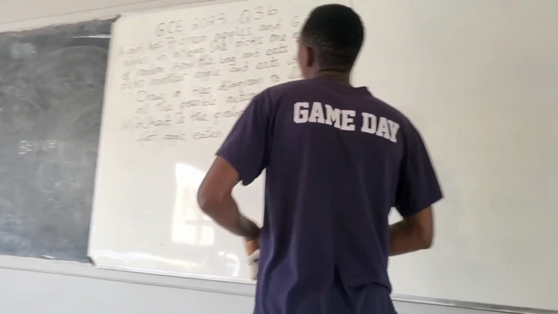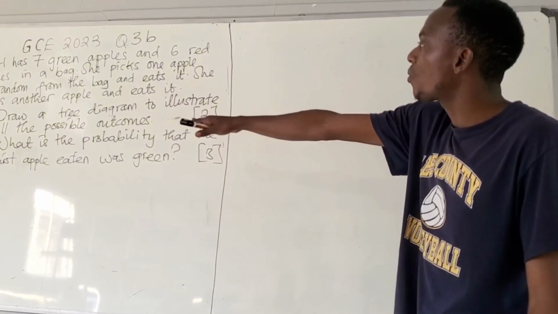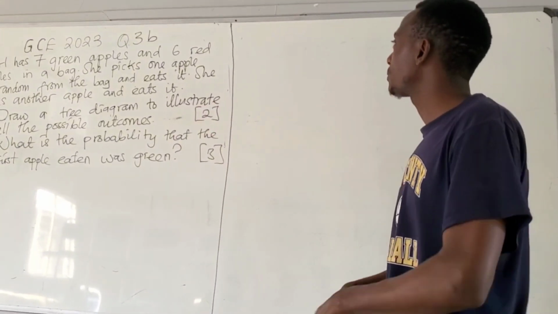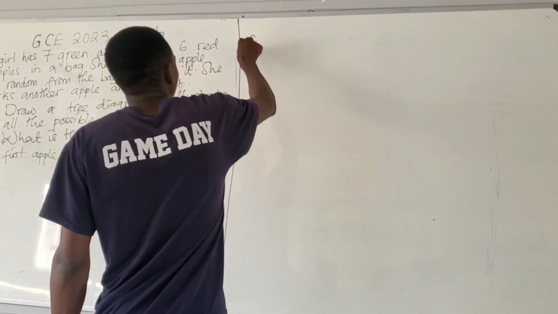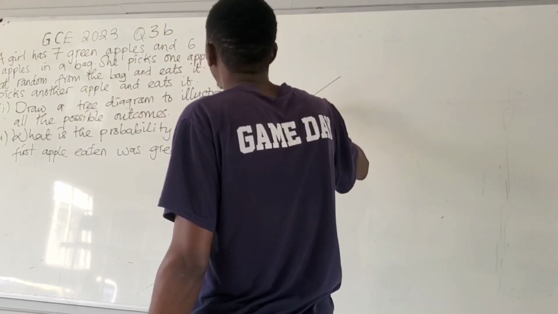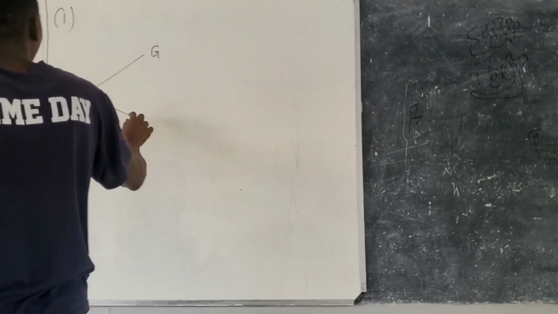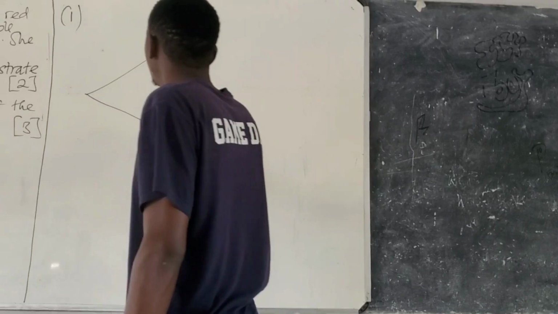So now, the question is, we draw a tree diagram to illustrate all the possible outcomes. So we have got a green apple and a red apple.